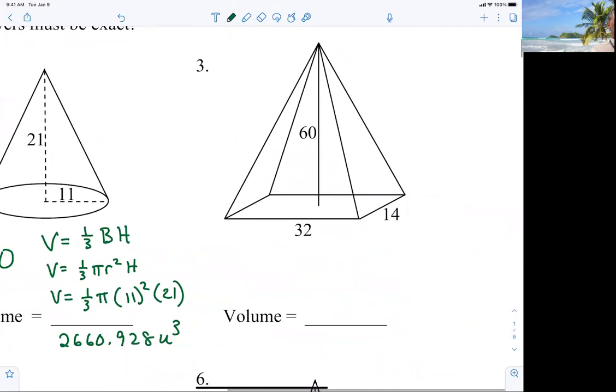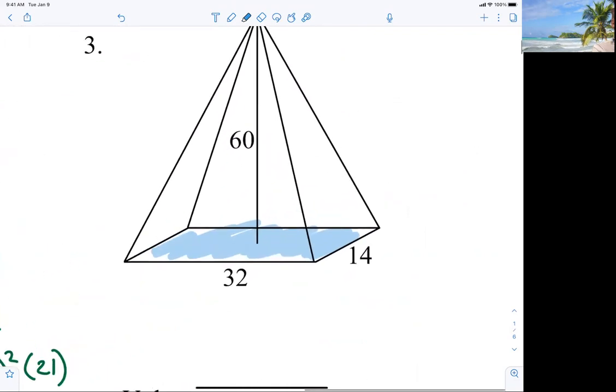All right. Number 3, is that a square pyramid? No, it's a what? Rectangular pyramid. Because the base is a what? Yeah, that's because you're not listening. Honestly, you're not listening. It's a rectangle. All right. So once again, everybody's going to come up here and put V equals 1/3 base times height.